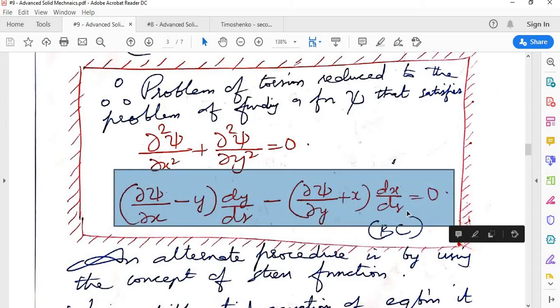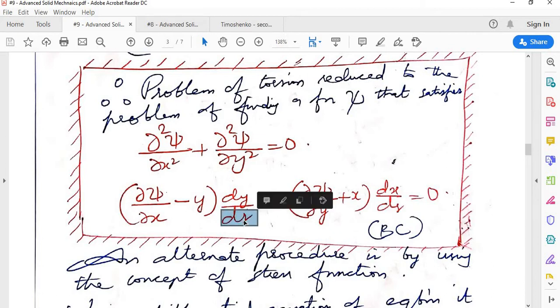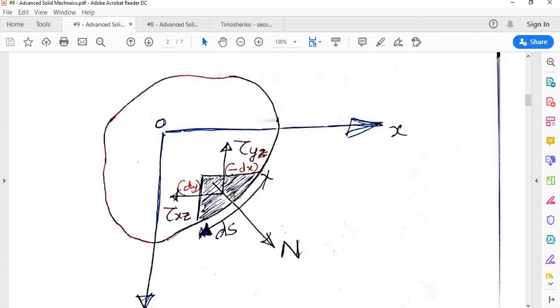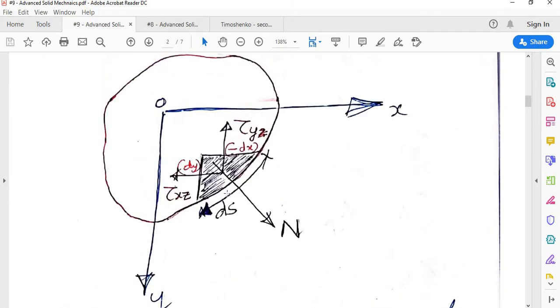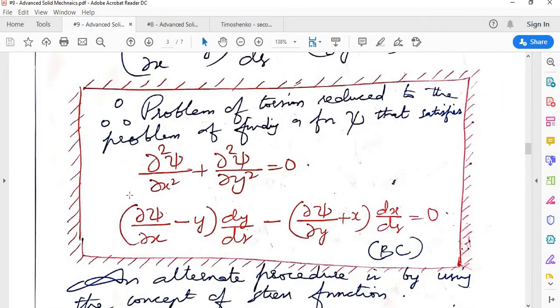Now the second equation is also like a boundary condition. That's why I have written BC here, because you see the expression ds. We had written Cauchy's equation for the element on the outer surface, right? So the second expression is like a boundary condition, but in any case these are the two expressions using which you will solve for the warping function.